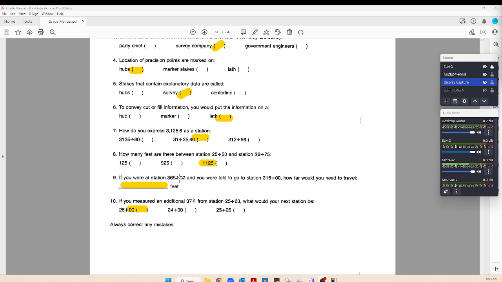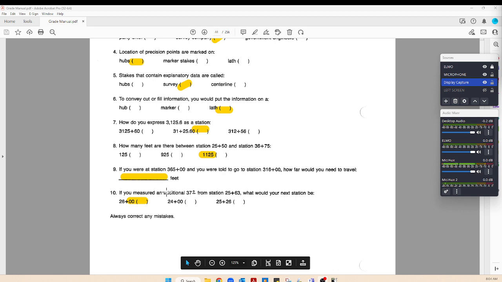That's how far it is from this station to this station. You could do it 100 feet at a time and you'd come up with 4,900 to get here. If you don't consider the zeros, you're going to come up with 49 feet, which I was struggling with. Why am I getting this? You have to put the zeros, but it's okay to ignore that plus sign.